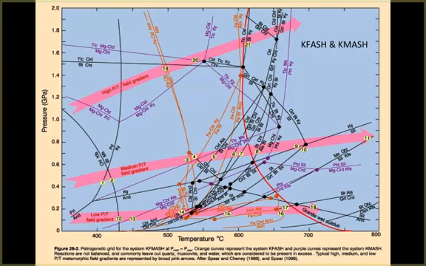And depending on what kind of rocks you're looking at, you're going to be looking at the reactions at high pressures and low temperature conditions. If you have a pelite that's being subducted and it's undergoing metamorphism in a subduction zone, or you might see a different set of minerals that are stable and a different set of metamorphic reactions for regional metamorphism at more moderate pressure and temperature conditions.